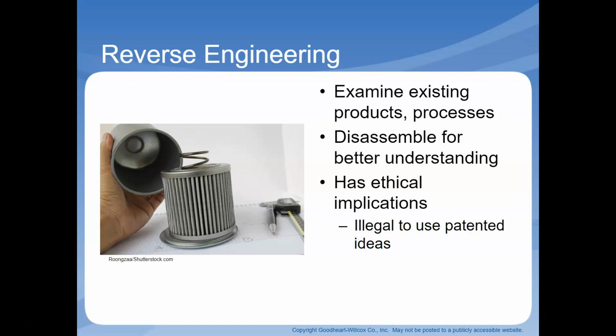On the unethical side, this is done a lot with the knockoffs. So if you ever see the knockoff products from China, they are reverse engineering a lot of the devices that are already being manufactured out there. And then they go and sell them with smaller, less efficient components, for a cheaper price.